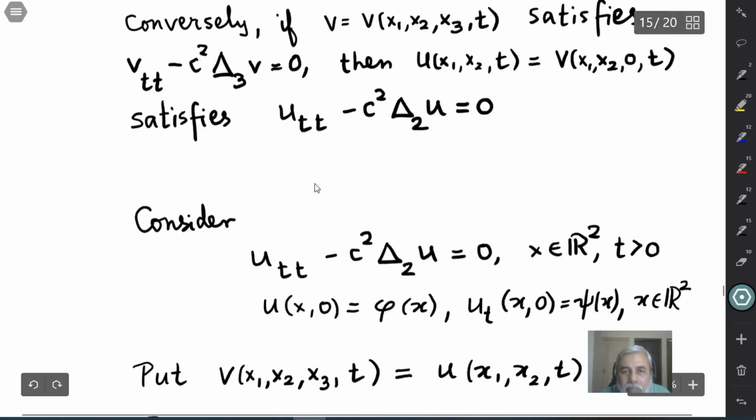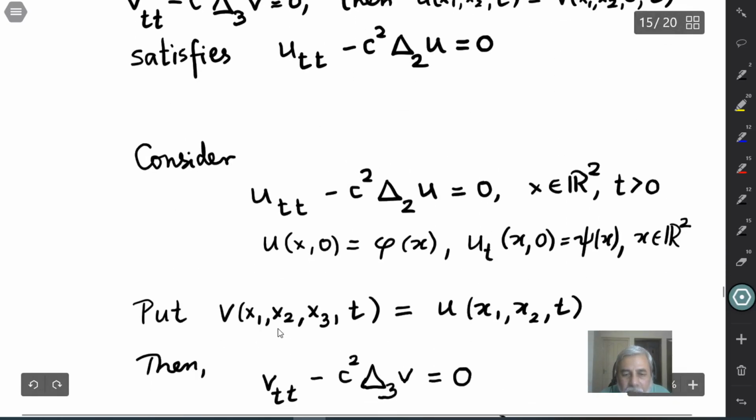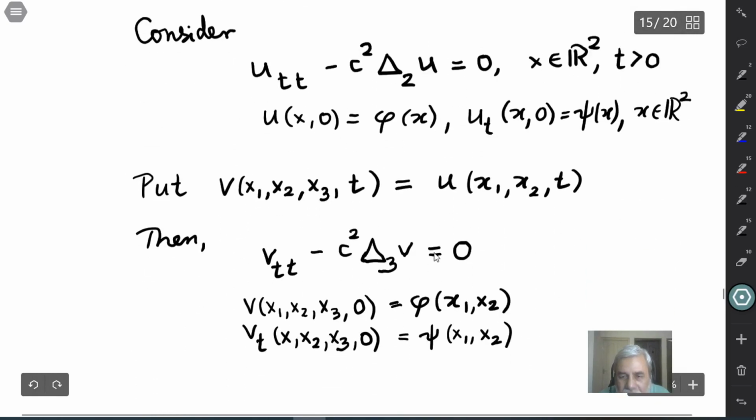So as observed here, if we define this v of x1, x2, x3, t equal to this u of x1, x2, t, then it satisfies the three-dimensional equation, and its initial data are again independent of the x3 variable, and they are the initial data of the function u for which we are looking for a formula.